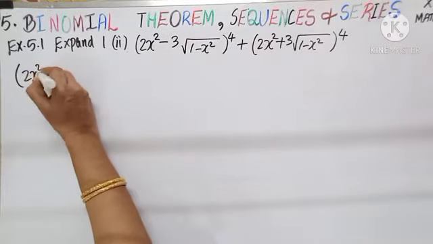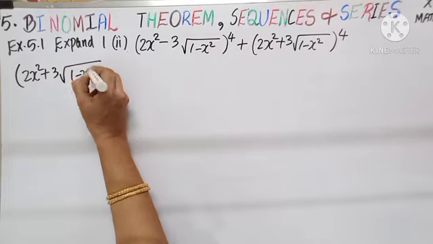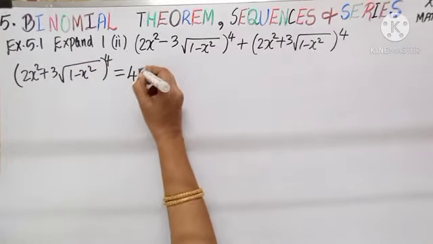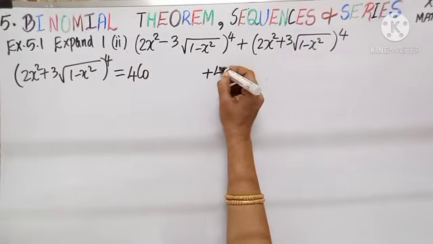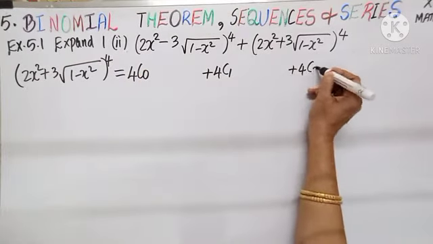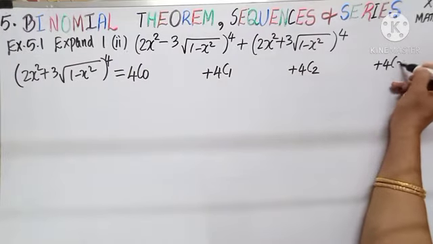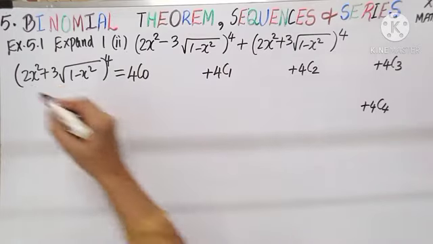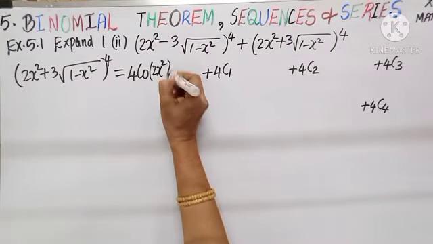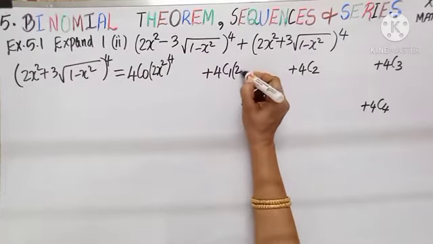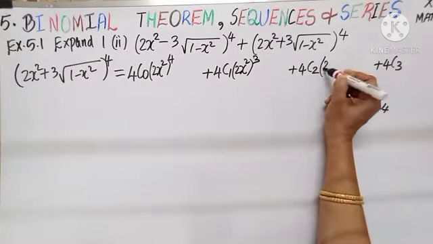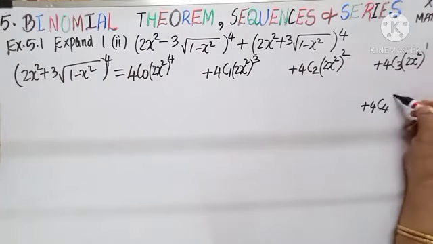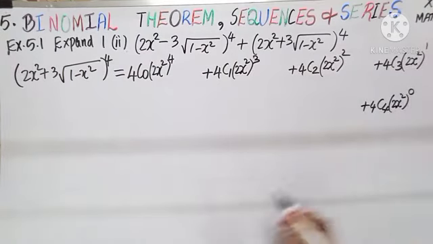Consider (2x square plus 3 root of 1 minus x square) power 4. It is starting from 4c0, 4c1, 4c2, 4c3 and finally 4c4. First term: 2x square power 4, 2x square power 3, 2x square power 2, 2x square power 1, 2x square power 0.